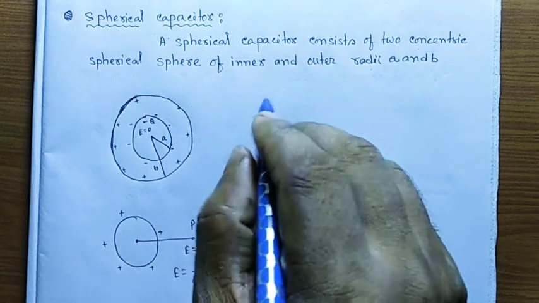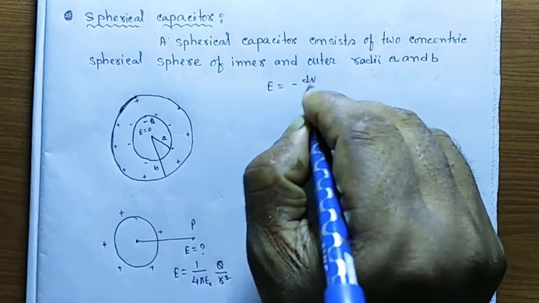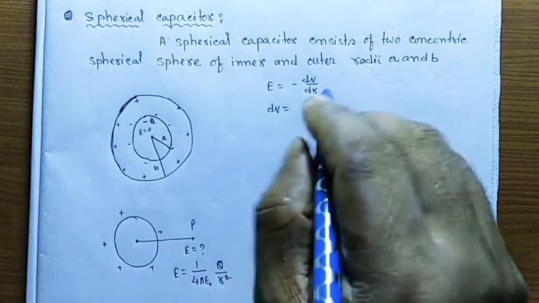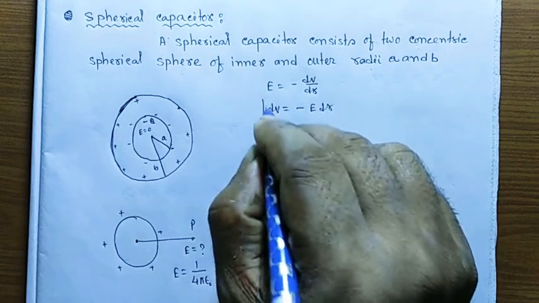So now we know the relation E is equal to minus dV by dr, and dV is equal to minus E dr.